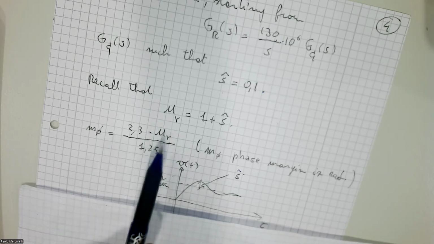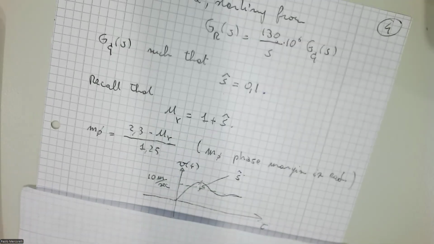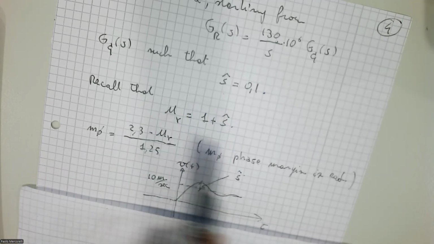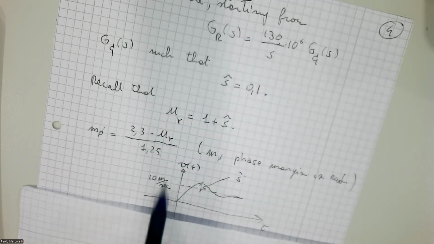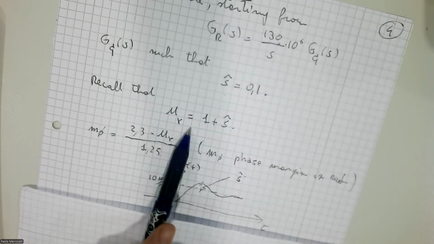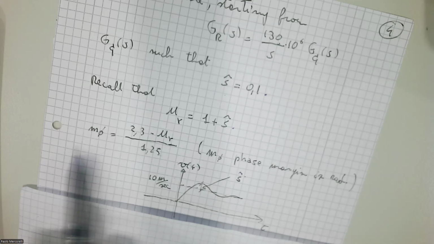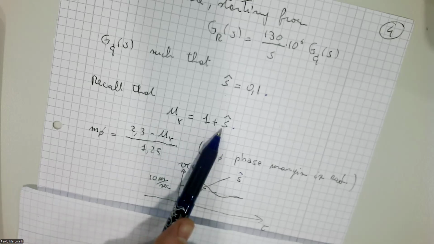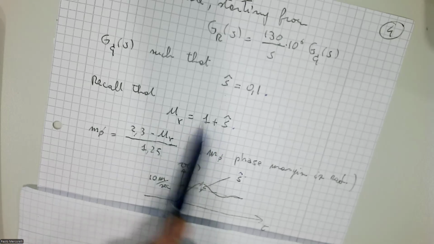Now, next week, I will tell you a little bit about these two equations, where they come from, but very quickly, because I give you these two equations in the exam. Here it is more understandable because we have the maximal, the peak is 1 plus S hat, also in percentage.